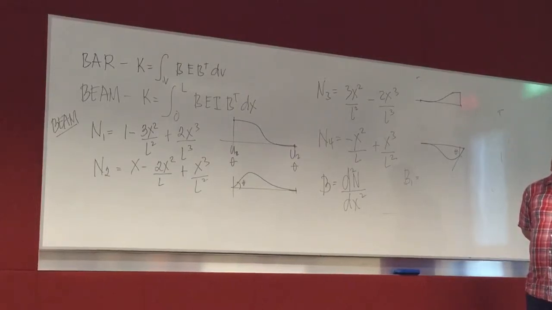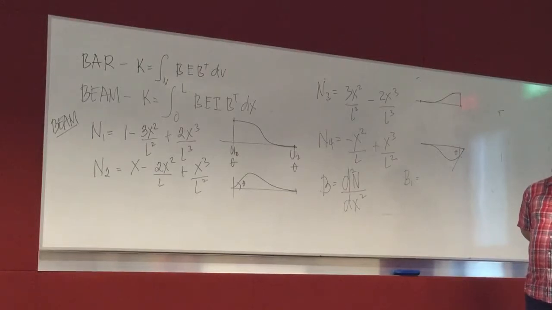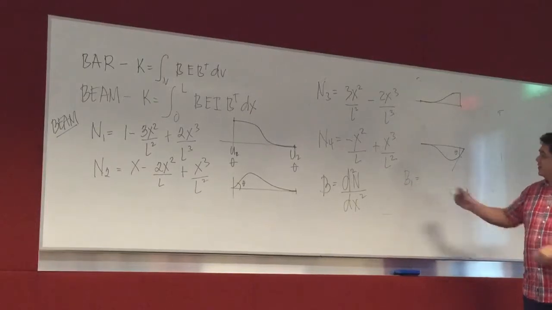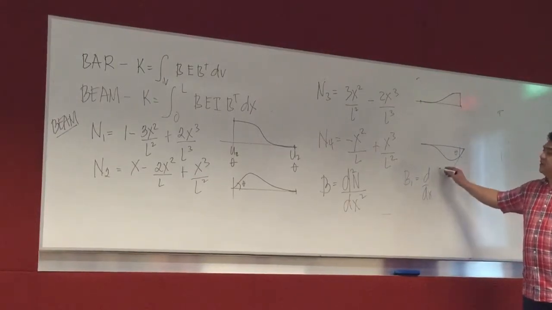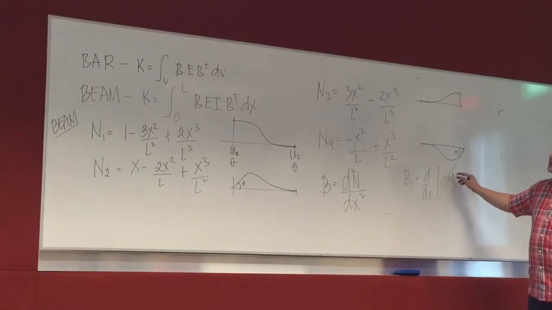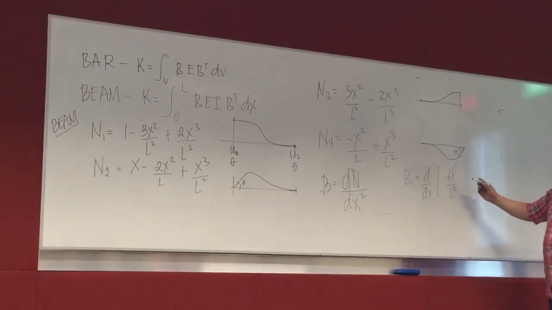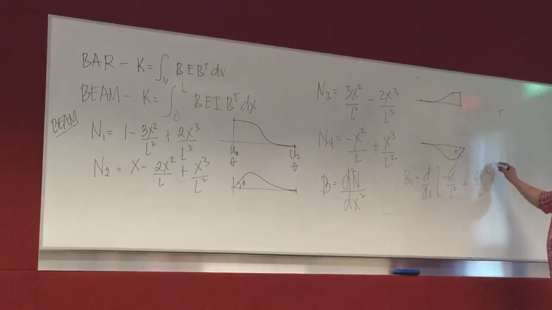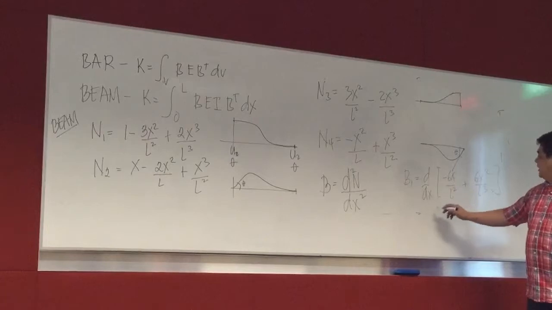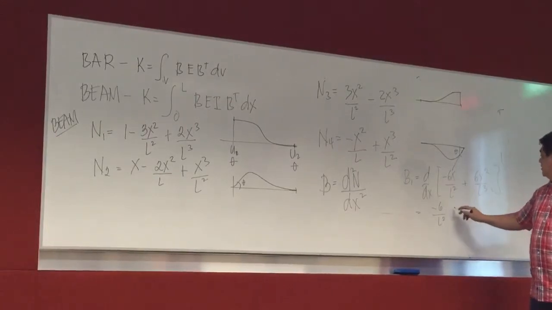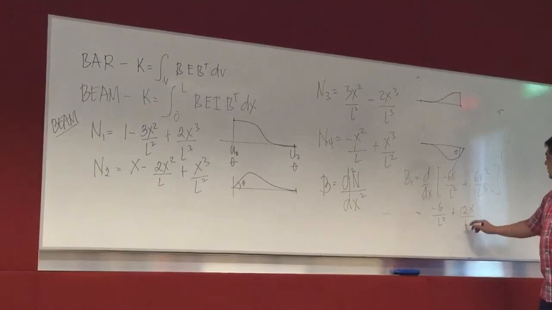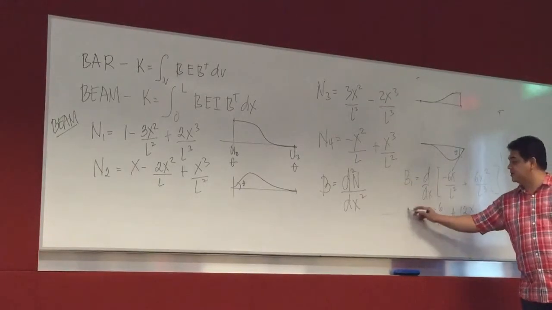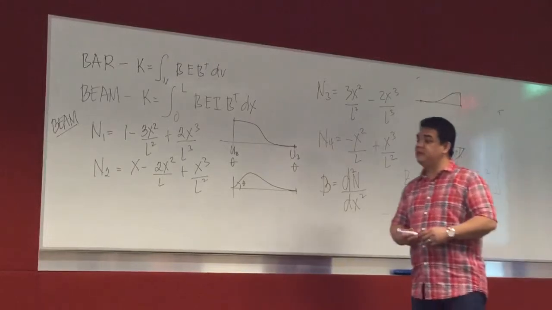The shape function has terms 6x over L squared plus 6x squared over L cubed, so this is d2/dx2 of minus 6x over L squared plus 6x squared over L cubed. That gives minus 6 over L squared plus 12x over L cubed. So that will get you started. That is B1. So determine B2, B3, B4.